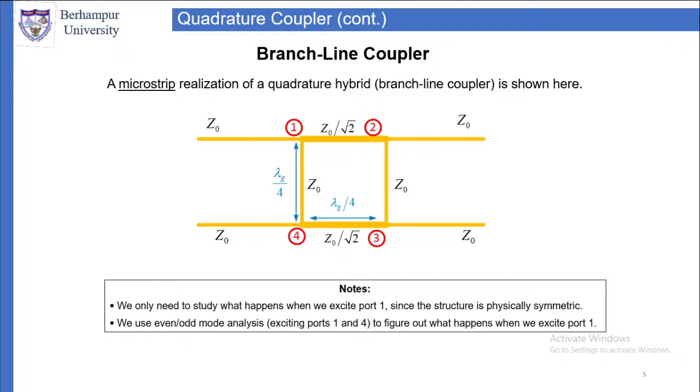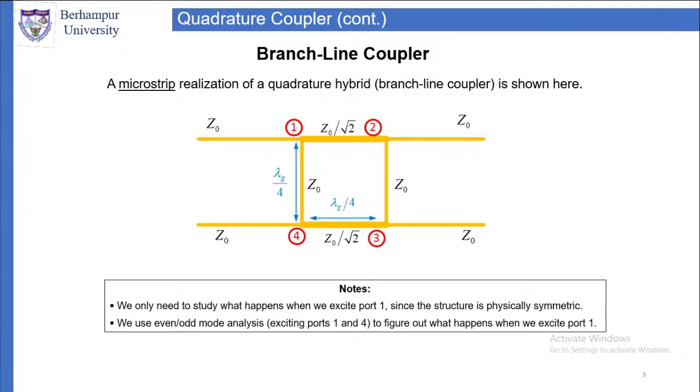The distance between junction 1 and 2 or junction 4 and 3 is equal to lambda g by 4. Lambda g is the guided wavelength. You know what is guided wavelength? Guided wavelength is free space wavelength divided by root over epsilon effective.